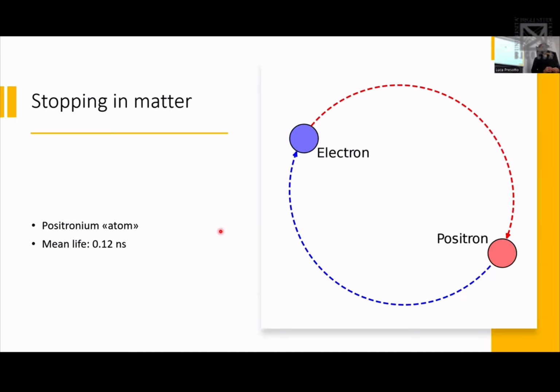When it stops, it generally picks up an electron, and they start rotating, not like an atom where the mass is at the center and the very light electron is around. Here, the two masses are equal, so they turn around each other. And they get so close that they annihilate, and the average lifetime of that process is 0.1 nanosecond, so almost instantaneous.